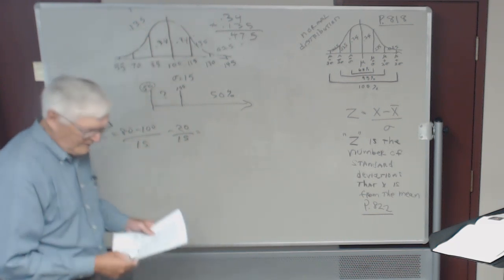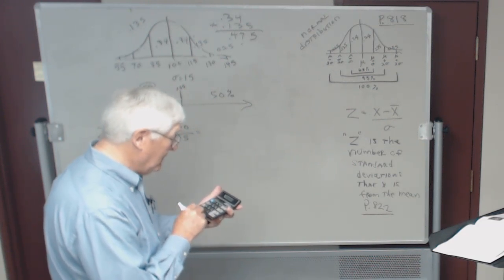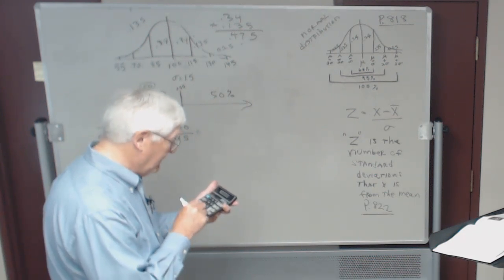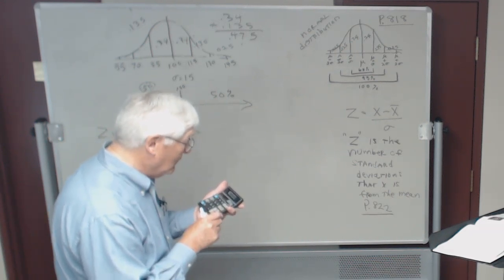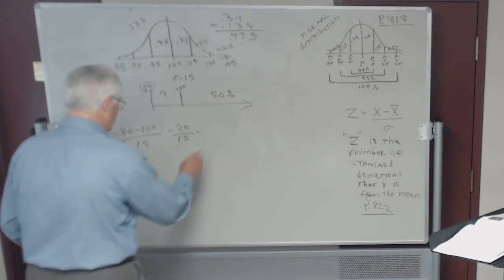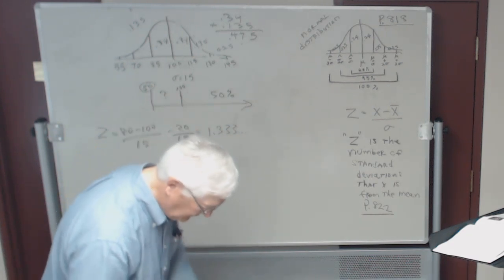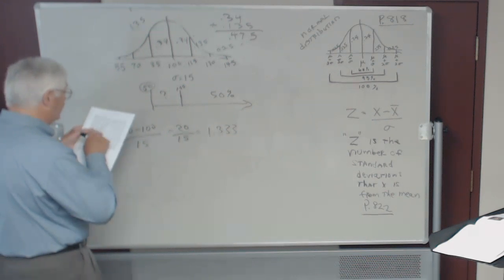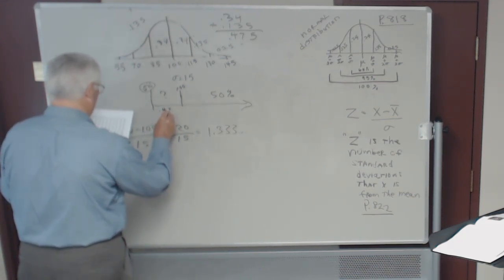What's 20 divided by 15? 1.333. And what does my chart say? 1.3 and then over to 3 would be 0.408.